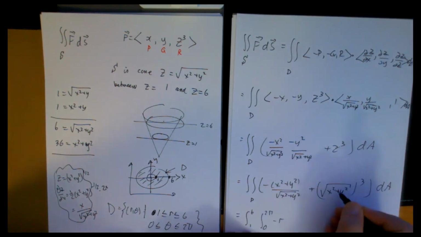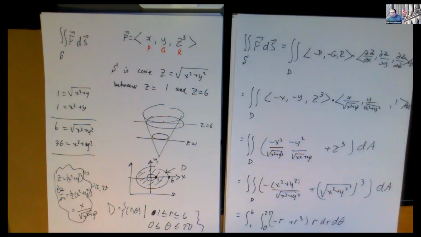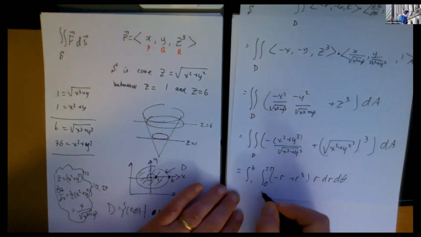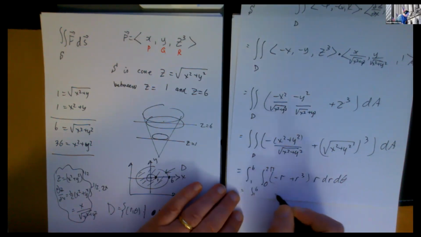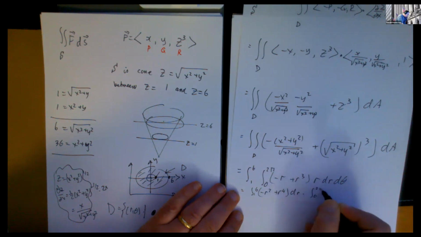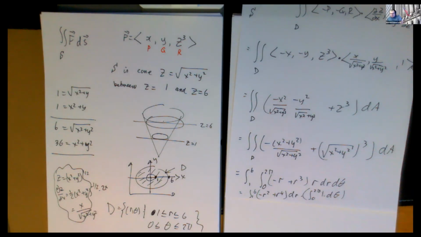Makes sense. Won't this be r, so you get r cubed? So that came out nice. R dr d theta. Actually, I should probably switch the order, but not really that big a deal. If I split these up, you can do the integral from 1 to 6 of negative r squared plus r to the 4 dr times the integral from 0 to 2 pi of 1 d theta, and we're pretty much done.